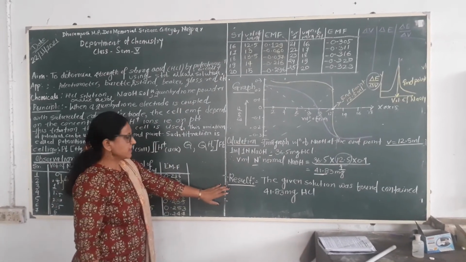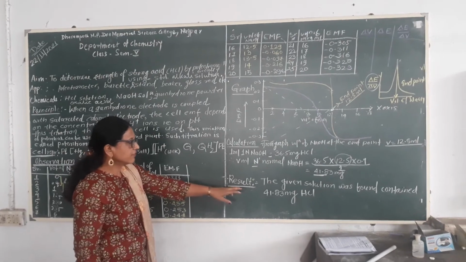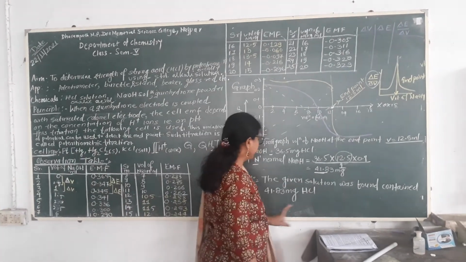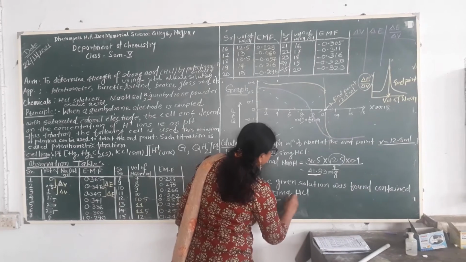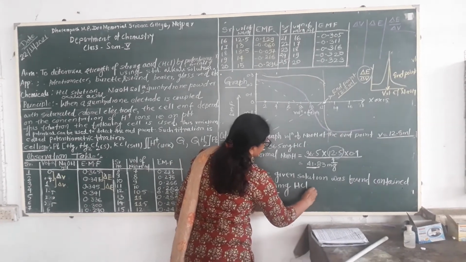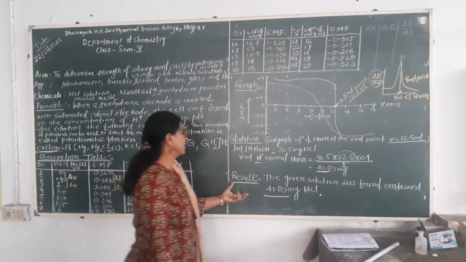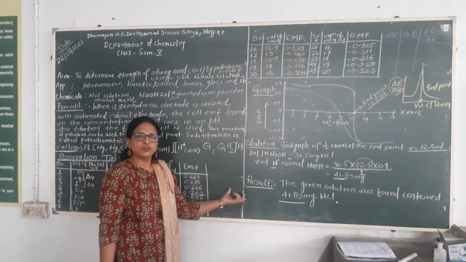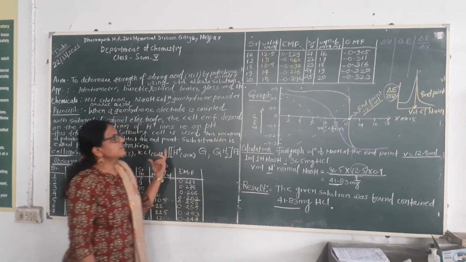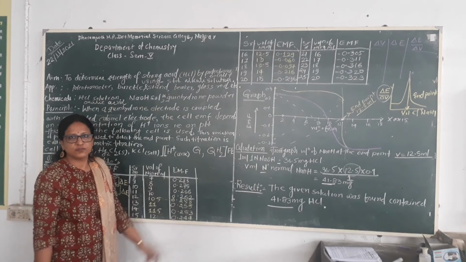And lastly we represent the result here. The given solution was found to contain 41.83 milligram of HCl. So this is the result of this experiment. We completed this experiment like this. Thank you so much.